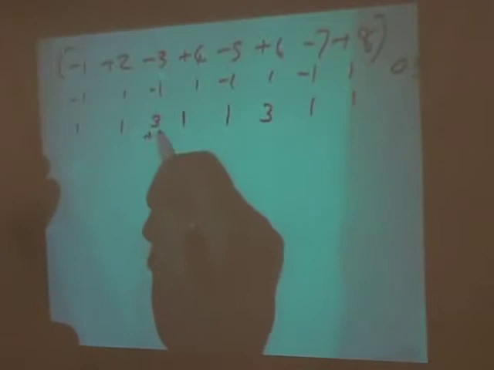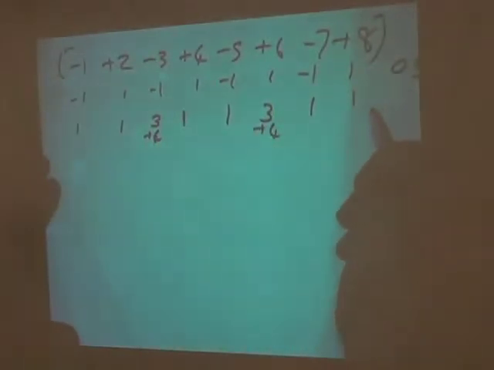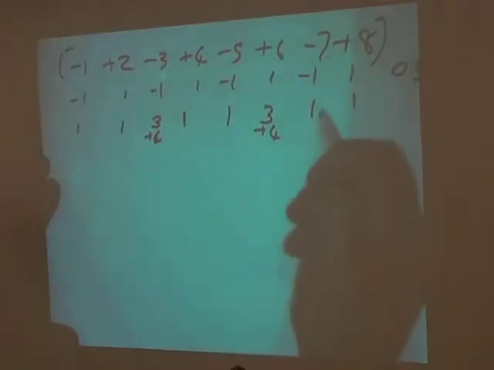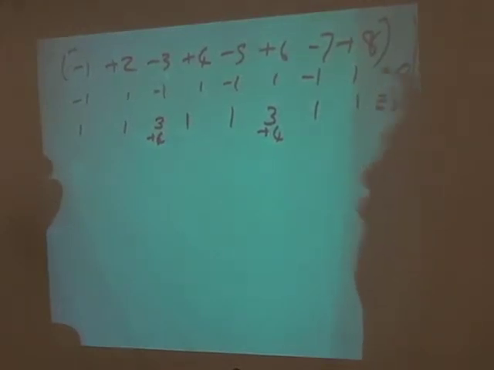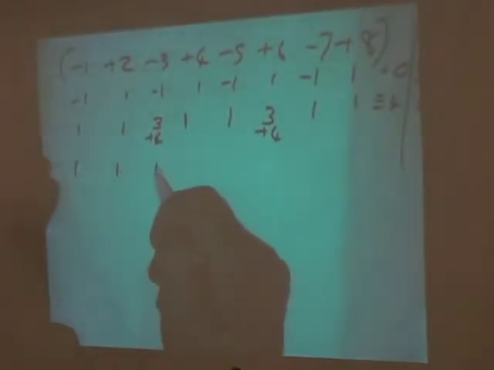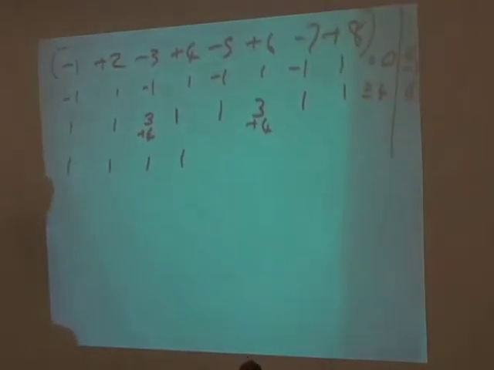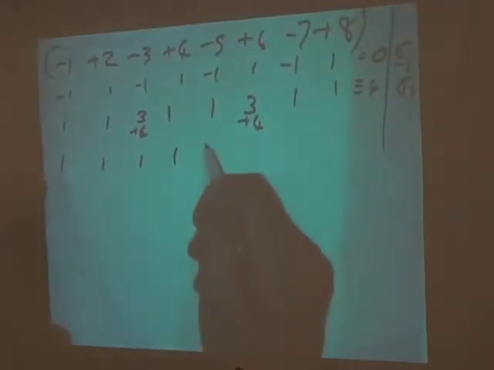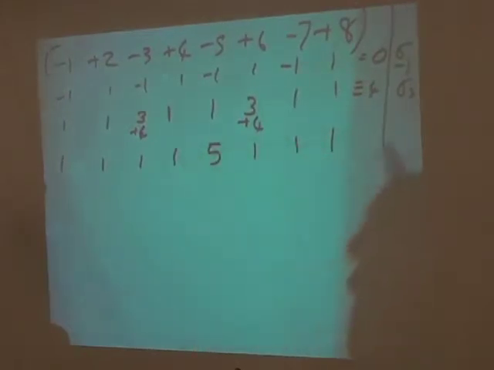And now we have to add the 4s in. Sigma 3 is 4 again. Sigma 5. I'll tell you what the rule is in a moment. Anyway, 4 mod 8.